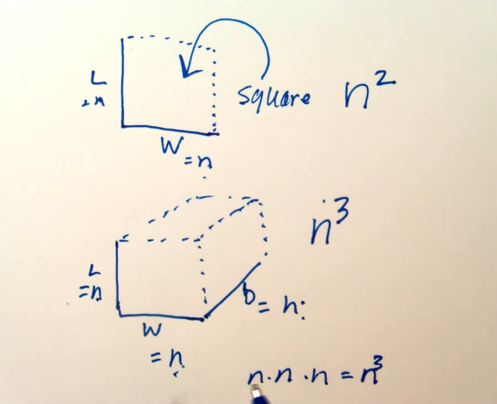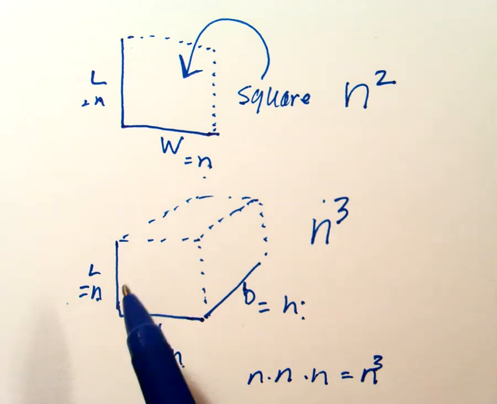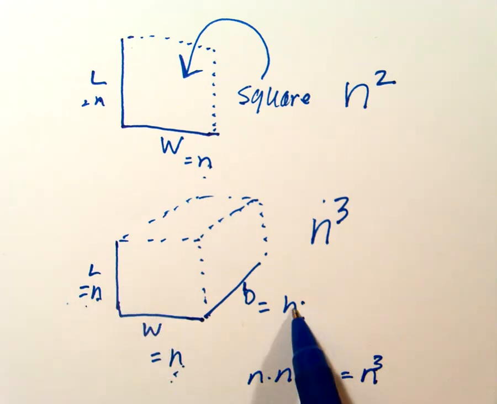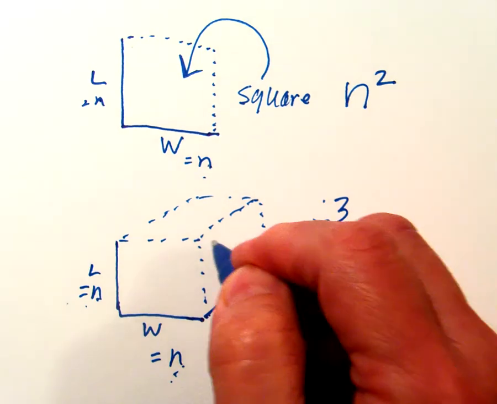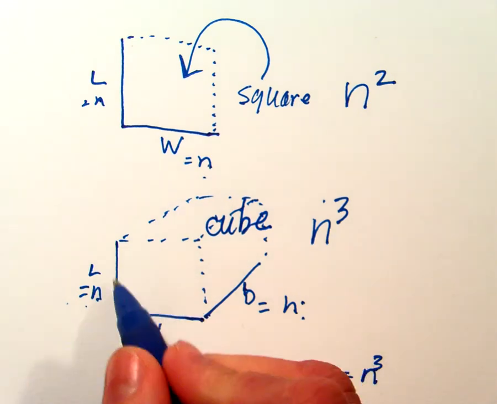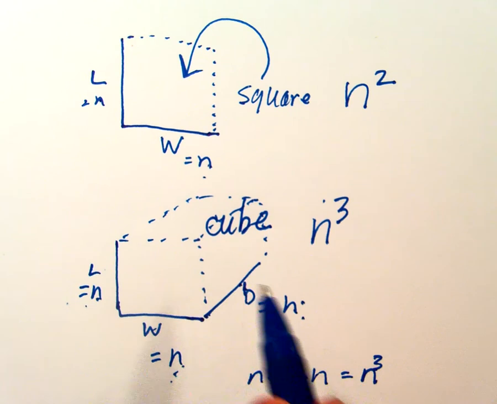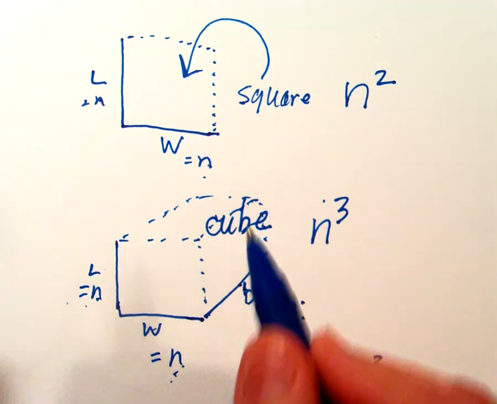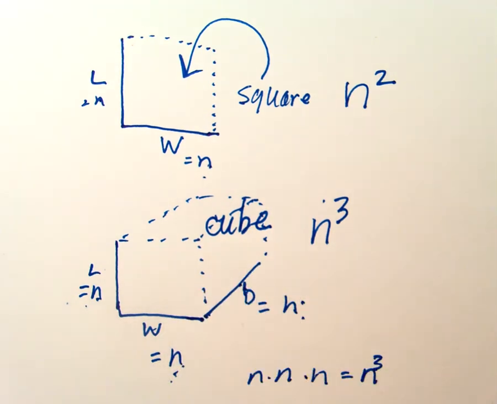But notice, in real life, a really good way to model multiplying a number times itself again is a cube. You multiply n times n times n, and you're doing it in real space with a figure, and you're going to get a cube.